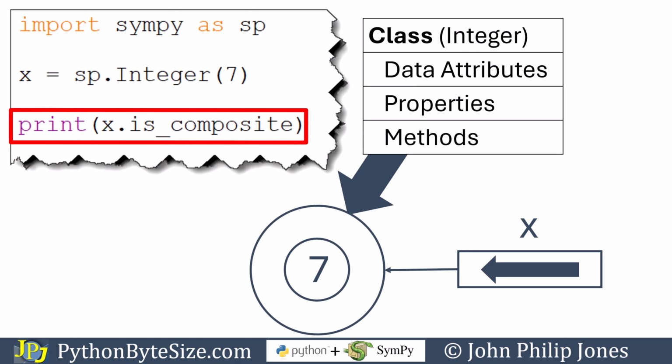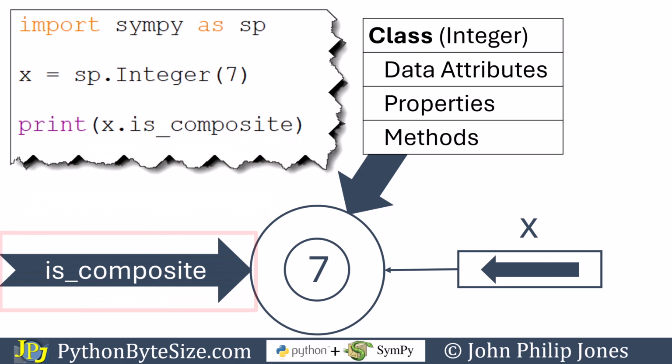This line will invoke the property of this object as illustrated by this arrow here. That will invoke the property of the object, and this is the isComposite. And of course, this will cause the object to do a little bit of processing and indicate whether it is true or false.